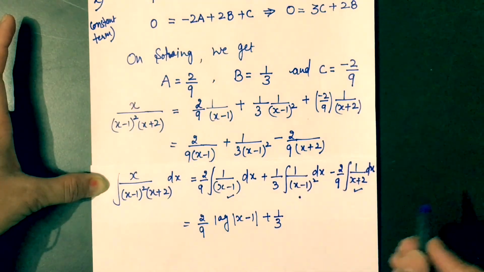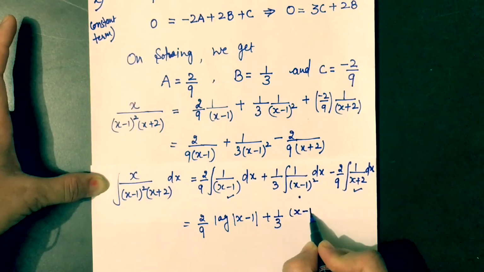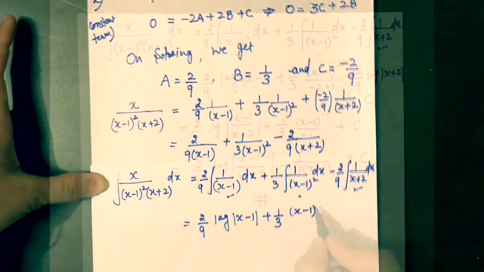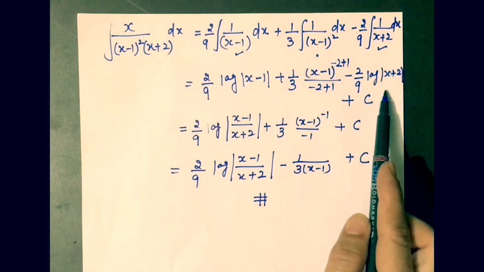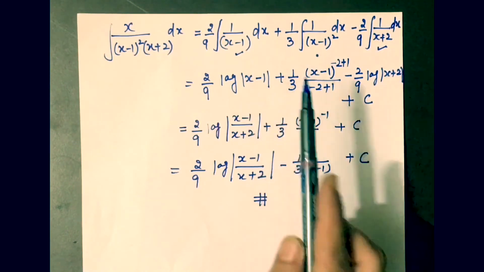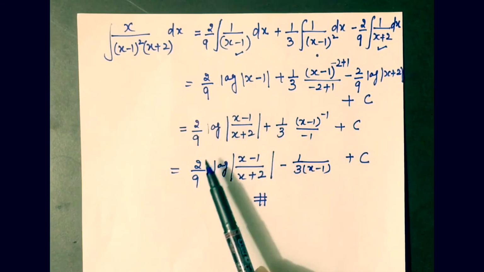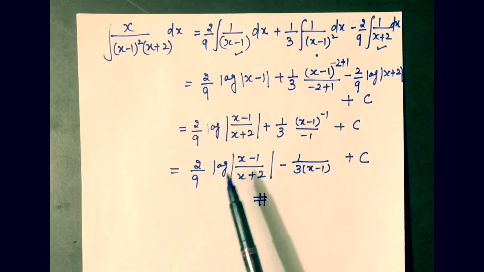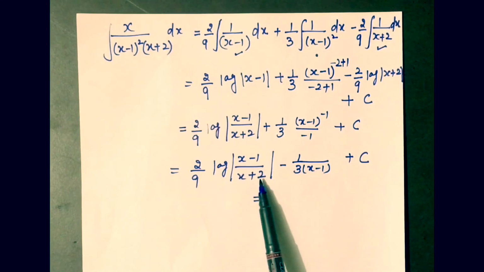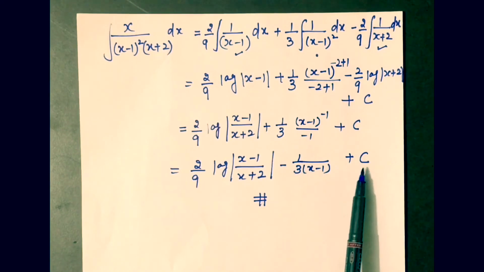Therefore its integration will be x minus 1 raised to power. Now these three integrals can be simplified very easily by using logarithm and other formulas. Now the answer of this integral is 2 by 9 log of x minus 1 upon x plus 2 minus 1 by 3 into x minus 1 plus c, where c is constant of integration.